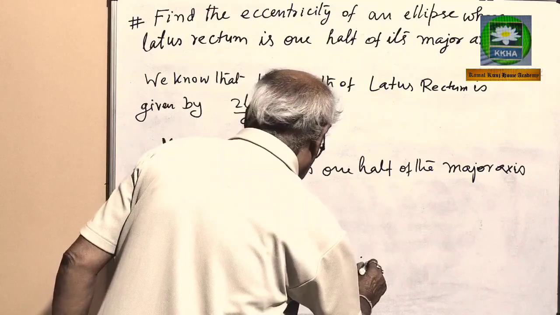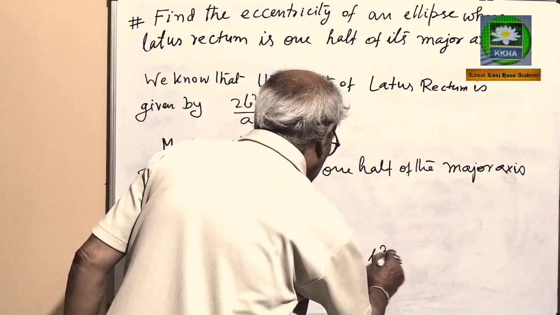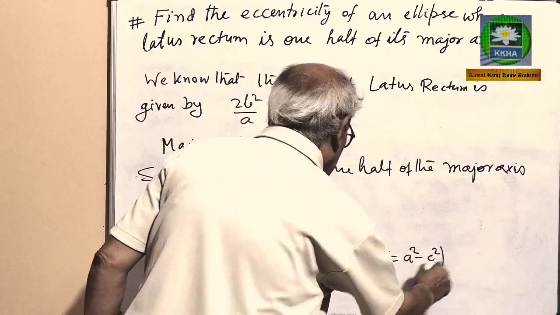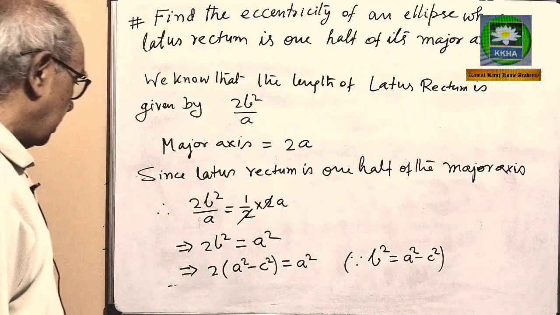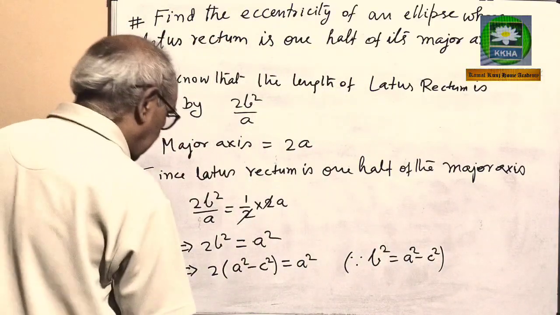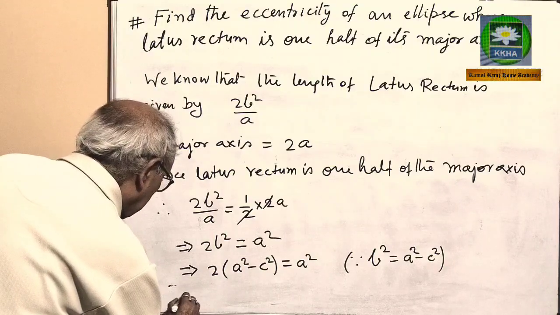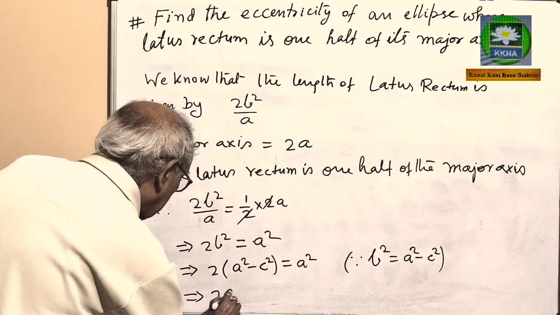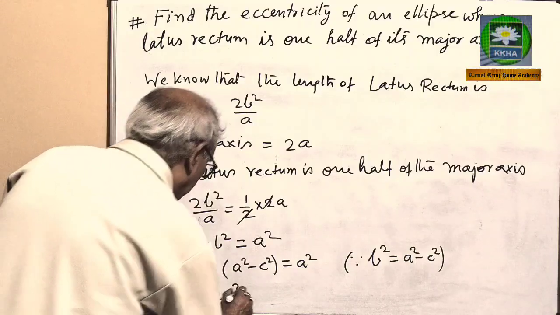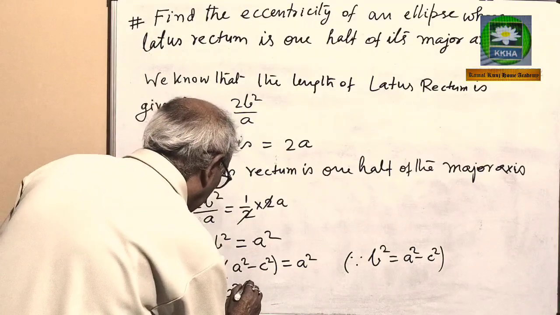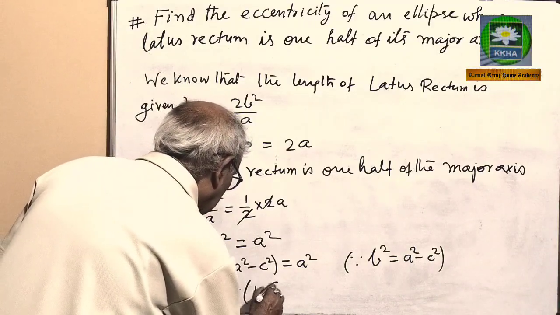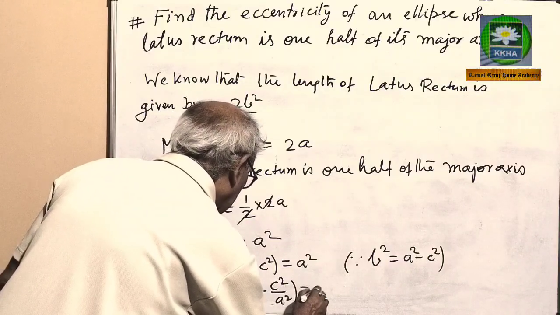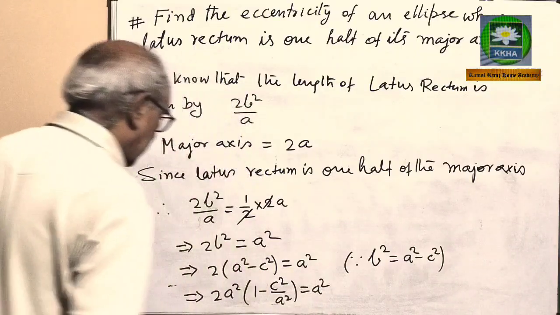Since b square is equal to a square minus c square, this implies that twice a square into 1 minus c square upon a square equals a square.